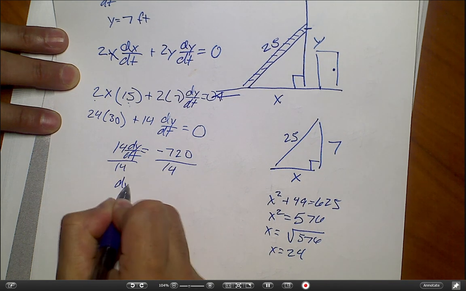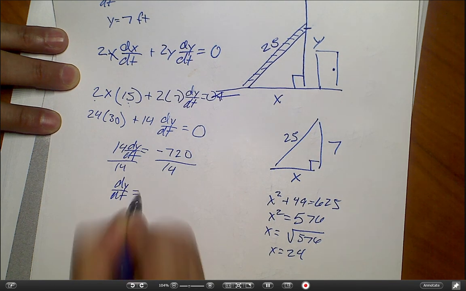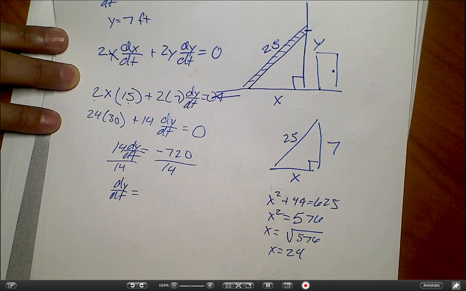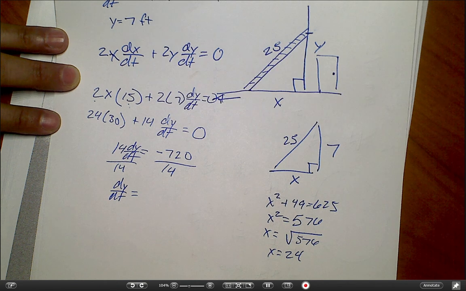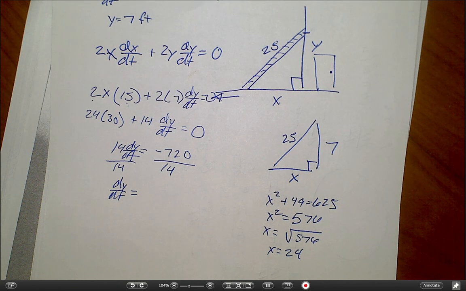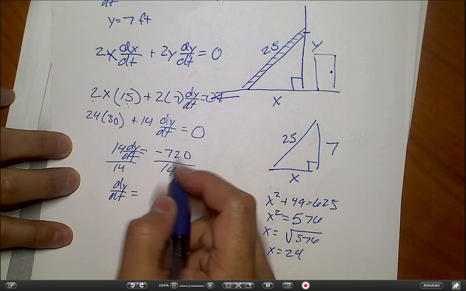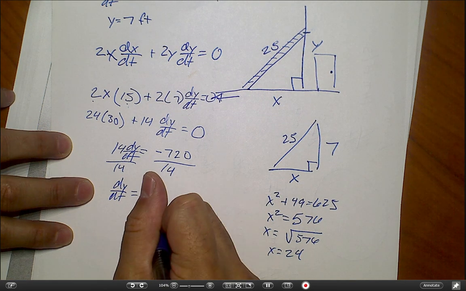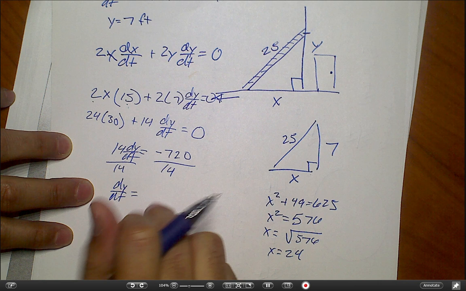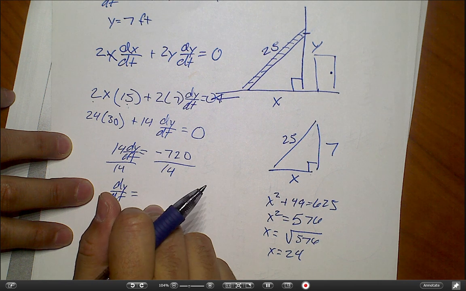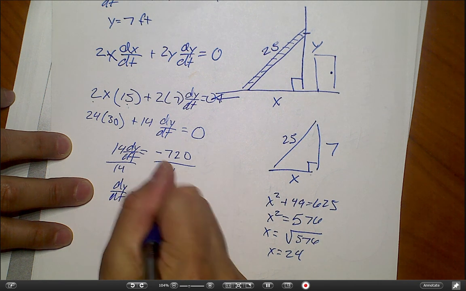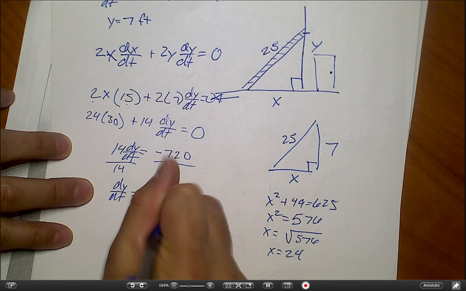So dy/dt is equal to negative 360 over 7, which is negative 51.429.